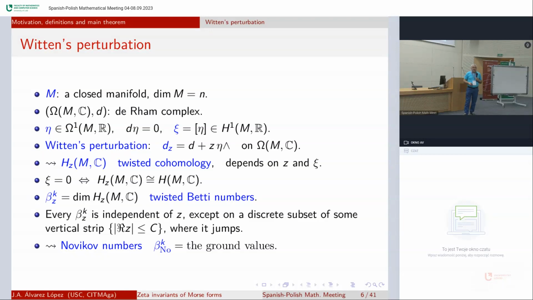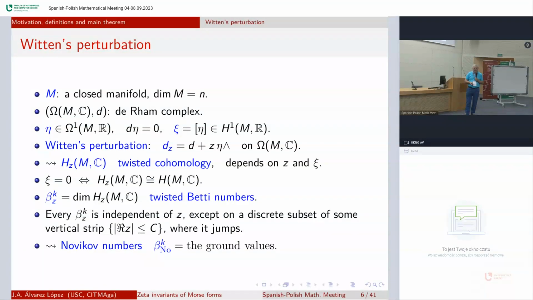Now we take a Riemannian metric, then we have the corresponding Hilbert space of L2 forms, and we take the adjoint denoted by delta of the de Rham differential, minus the adjoint of the multiplication by eta denoted in this way. We have the usual Laplacian, and we have Witten's perturbations of the codifferential and the Laplacian.